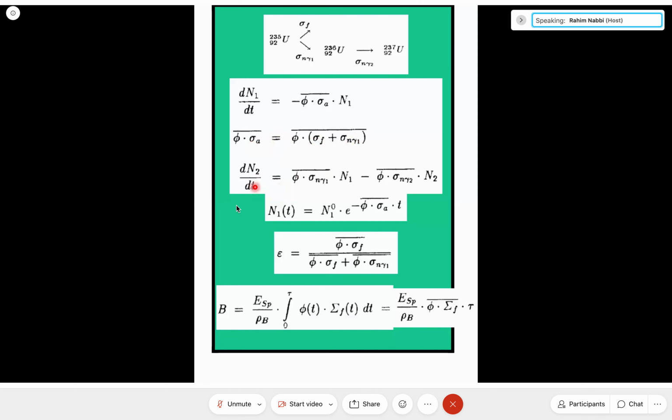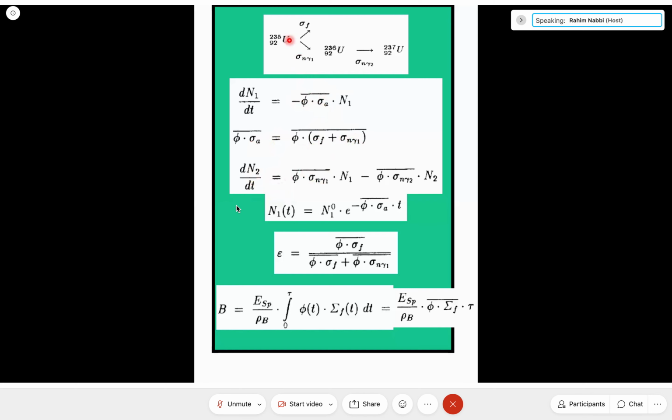So, next one, uranium-236, here called N2. Again, that is the loss term here, but here we don't find sigma A for fission, we find only the capture one.